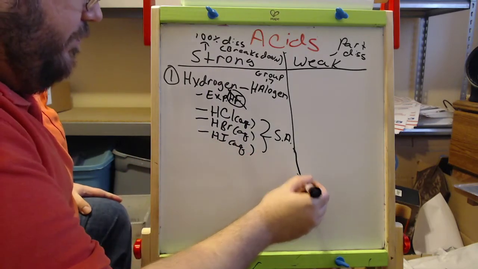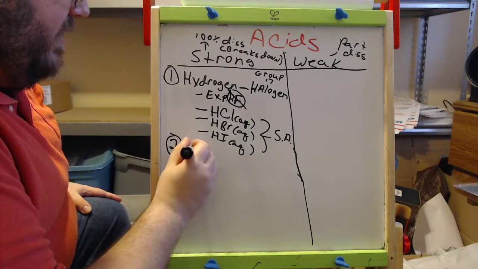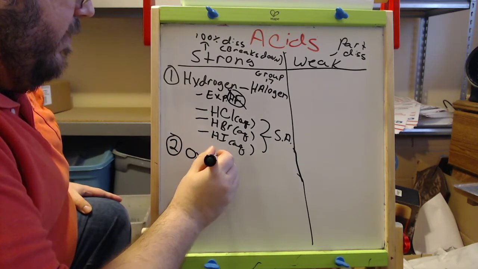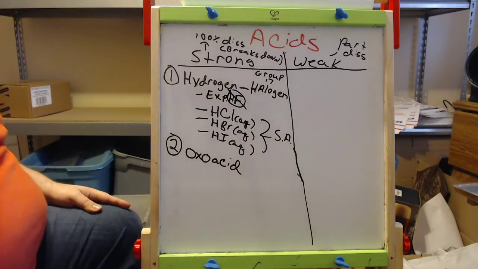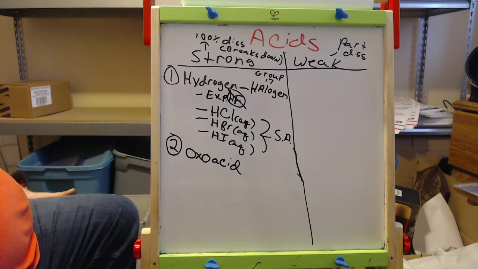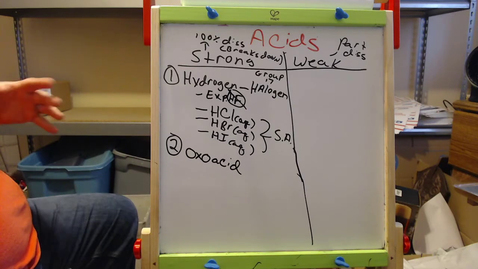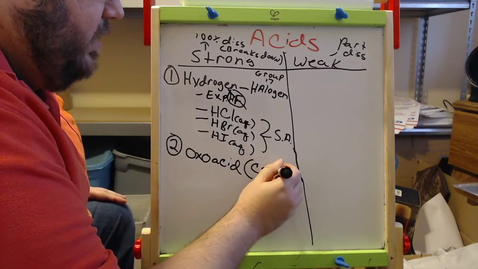Number 2 is if I'm an oxo acid. And what that means is I contain oxygen in my formula.